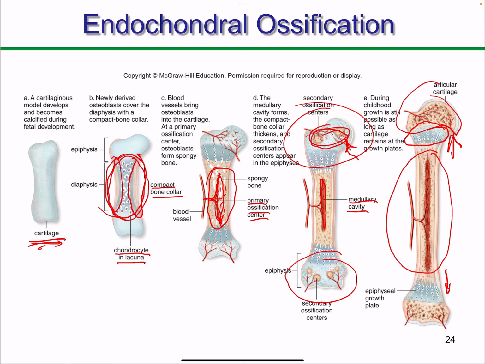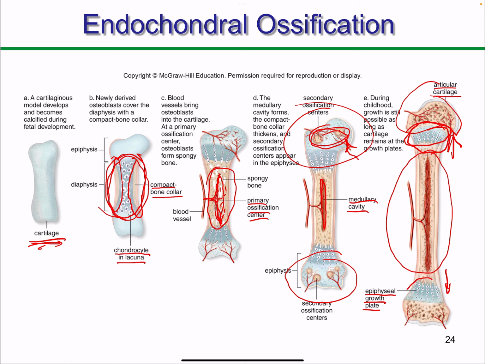Now, with that being said, to avoid the bones rubbing against each other in articulation, there is a certain cartilage that is going to be retained. That is the articular cartilage, made up of hyaline cartilage. But we have here the plate that allows the growth, what we call the epiphyseal growth plate.